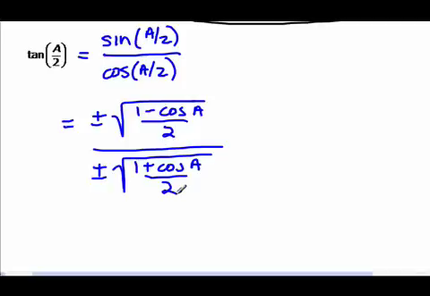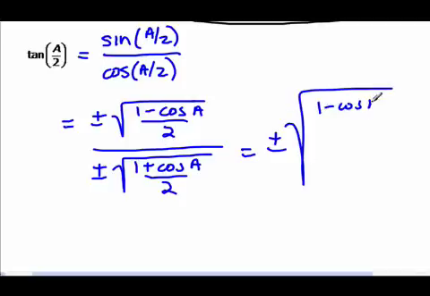And you have a radical in the numerator and a radical in the denominator. You can make that one big radical. This is the same thing as plus or minus one big radical, 1 minus cosine a over 2, over 1 plus cosine a over 2. But again, dividing by that second fraction is the same as multiplying by the reciprocal.